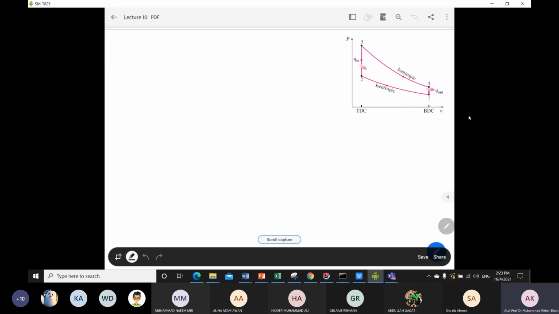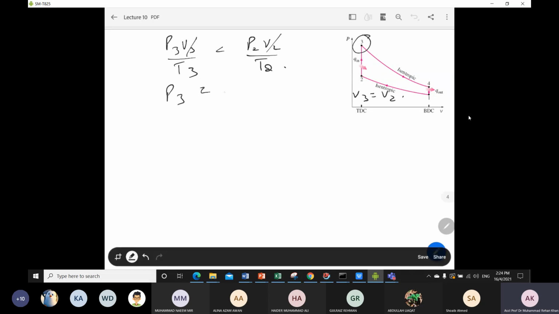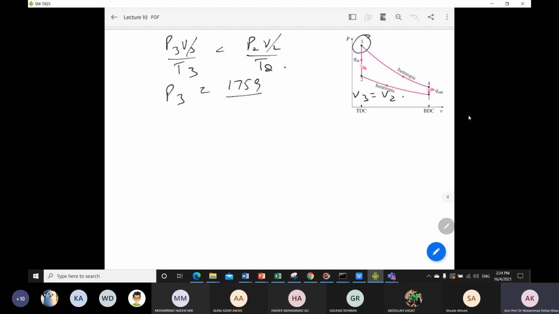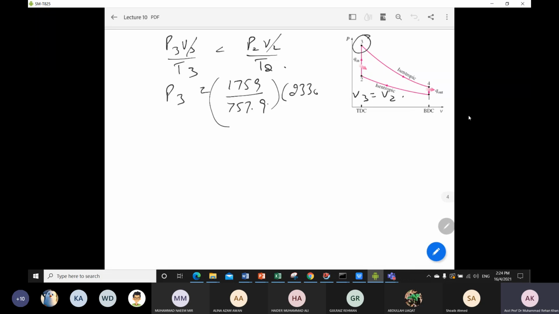First you have to also find the P3. We already found the temperature at 3, so you can do this process also. P3 V3 over T3 equals P2 V2 over T2, because this equation is valid for any process. You already noticed that the volumes will cancel because V3 is equal to V2, and you can easily find the pressure at 3, with T3 being 1759, T2 757.9, and your pressure at 2 we already found in part A, 2338 kilopascal.